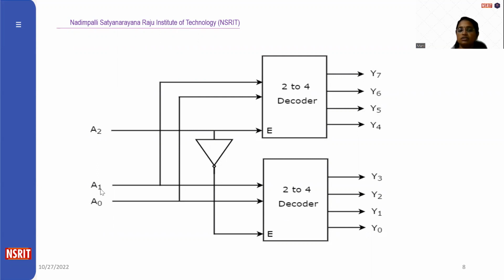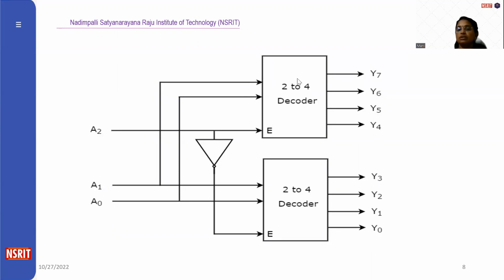Then for 1, 0, 0, A1, A0 is 0, 0. Whatever the inputs present, if the enable bit equals 0, the outputs are 0, 0, 0, 0. So the output of the lower 2 to 4 decoder will be 0, and there is no output from here. Here the enable is 1, so it will generate an output based on the combination of the two inputs.